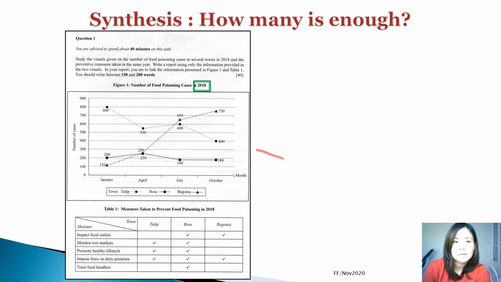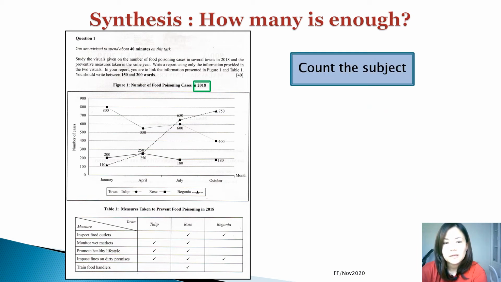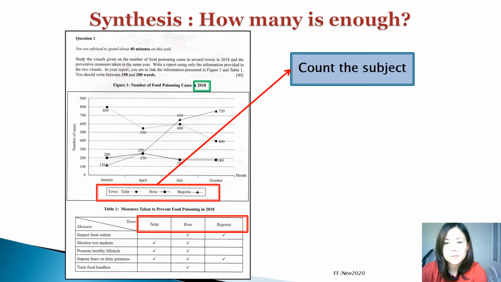All right. Now, in this synthesis, many people ask, teacher, how many synthesis is considered as enough? So you can actually check on the subject of the questions. In this question, there are 3 subjects: the towns, Tulip, Rose, Begonia.